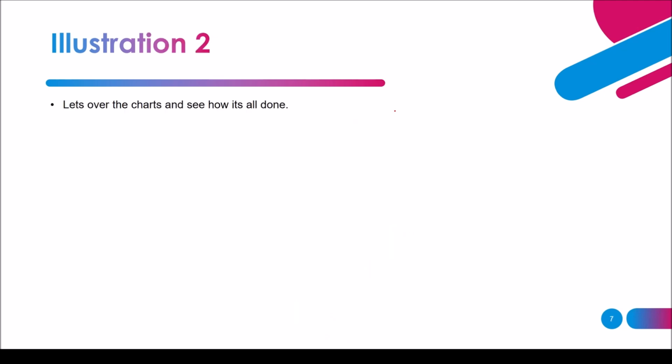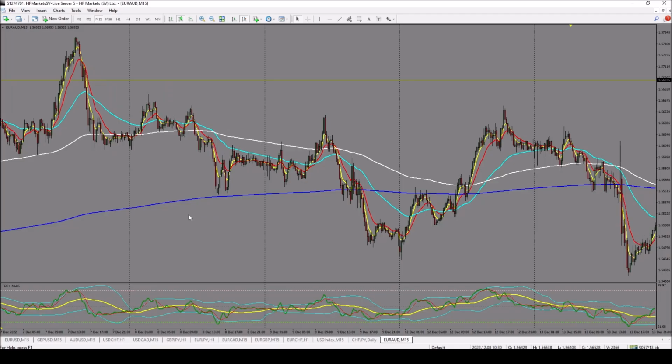So let's now go over the charts and see how all this is done. If you recall very well, we have said we need a crossover first, a bounce, and a pattern. Wherever we see a crossover, the last crossover was at this point. 13 is the one in red, 50 is the one in blue.